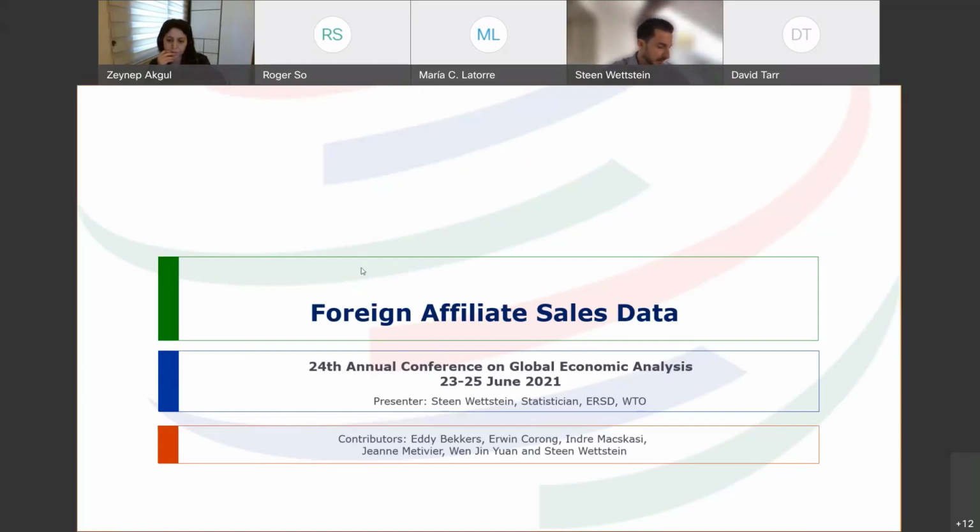So we have been working in parallel with Roger and our co-authors, the contributors, and you will see that the methodology is actually similar. We do have some similar objectives, though we have some differences.